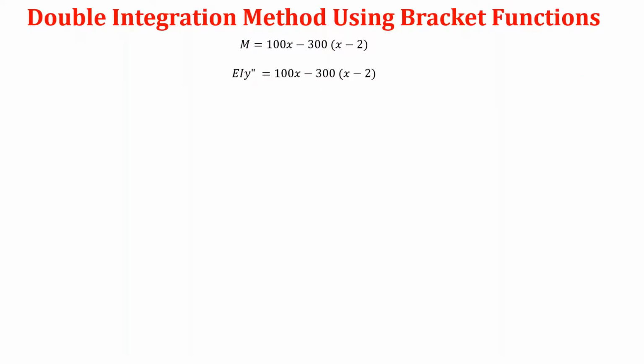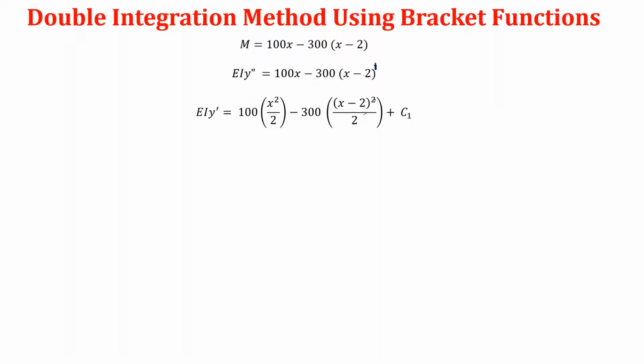So, substitute: EI y double prime is equal to the moment equation. Integrating, EI y prime is equal to 100x squared over 2 minus 300 times x minus 2 squared over 2 plus C1. Integrating by the power formula, the exponent of x minus 2 is 1, so 1 plus 1 is 2, over 2.